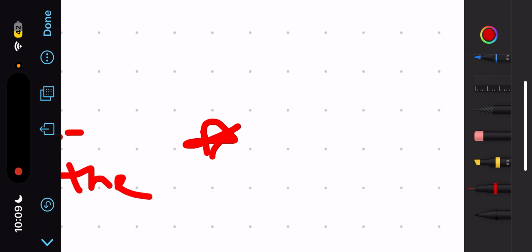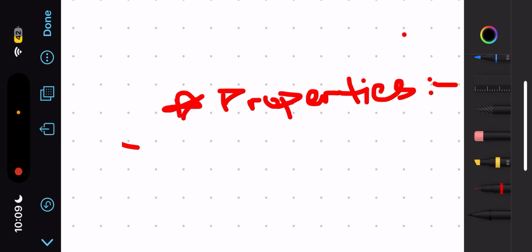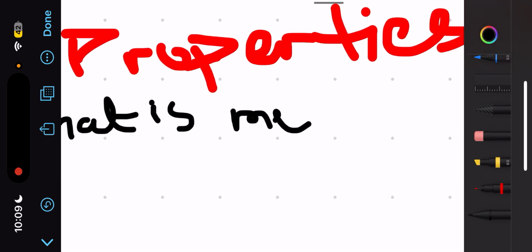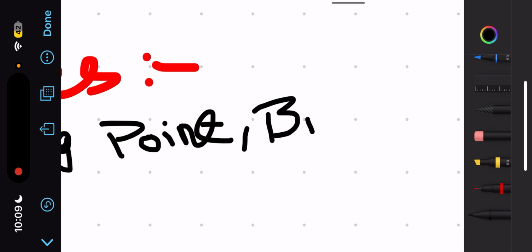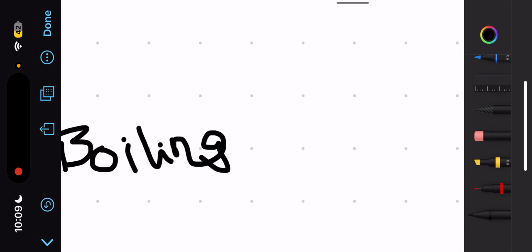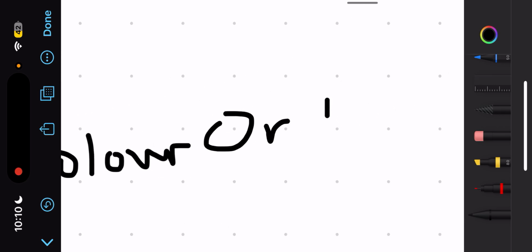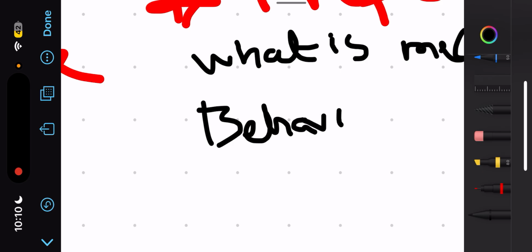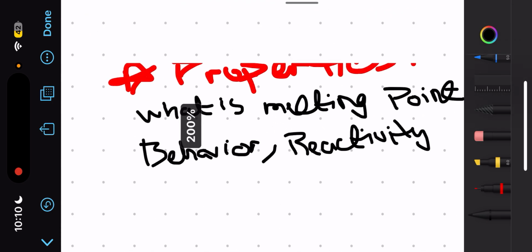The next one is properties: melting point, boiling point, color, odor, behavior, and reactivity. Number three is properties.